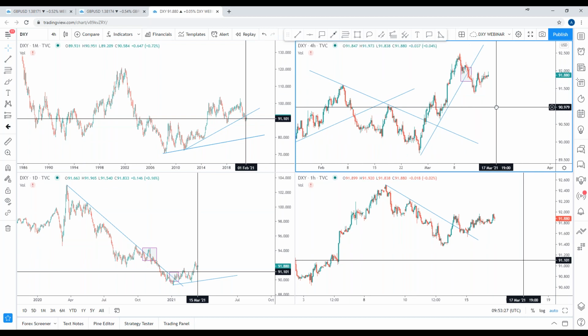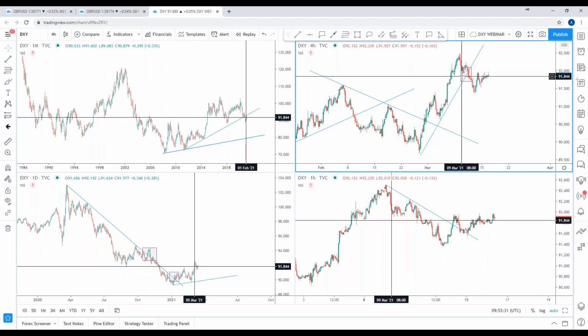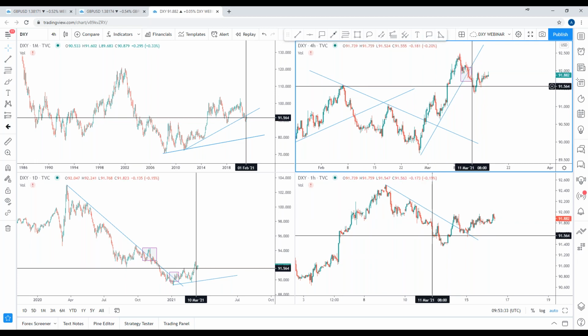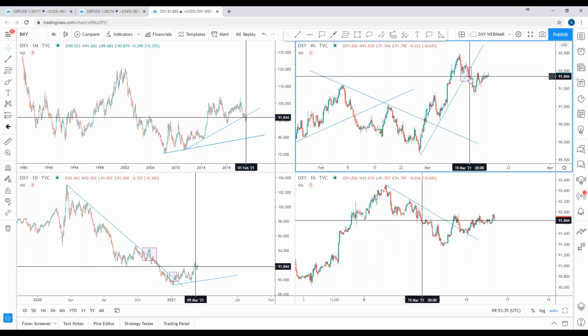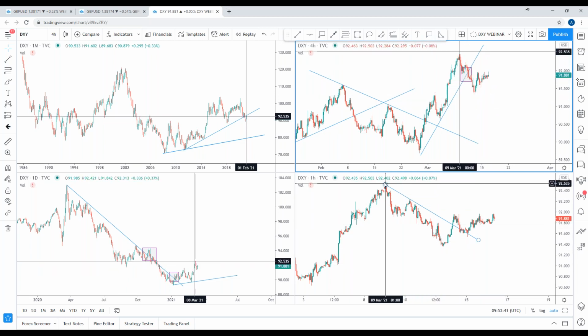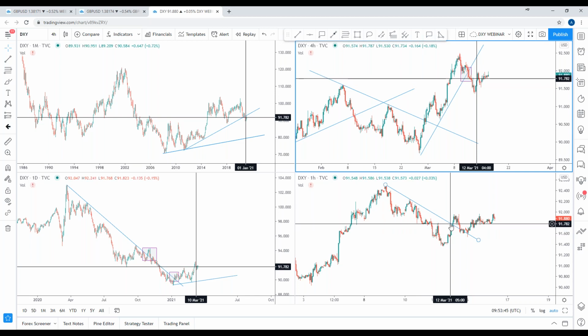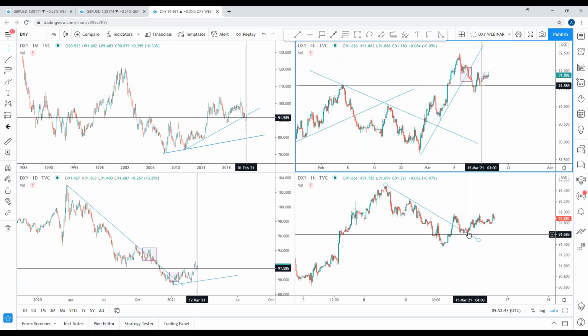So on the H4 scale, this is a reasonably steep trend line support, and we've breached this area. So we are reasonably bearish on the H4 time frame. But interestingly, we've broken out of a trend line resistance here and retested the level beautifully.